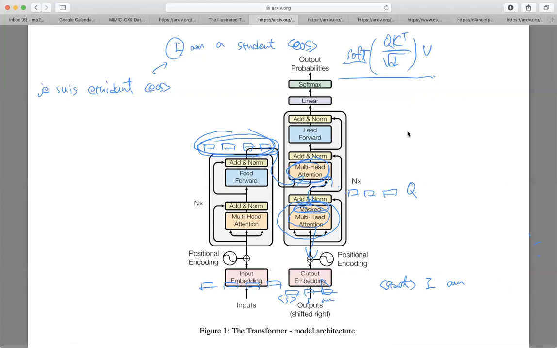Since we have 4 context embeddings here, there will be 4 key embeddings and 4 value embeddings.